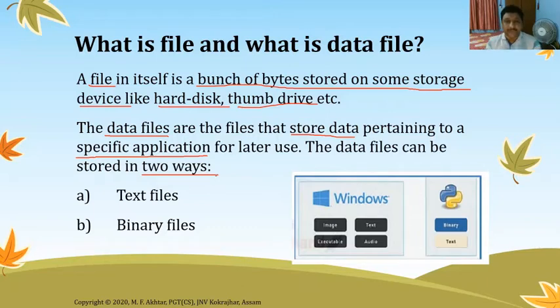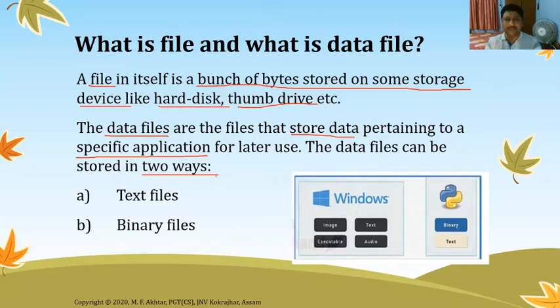Some files we can read using other software also, for example through Notepad. But some files we cannot read in other types of software, for example a Microsoft Word file cannot be read in a text editor or Notepad.